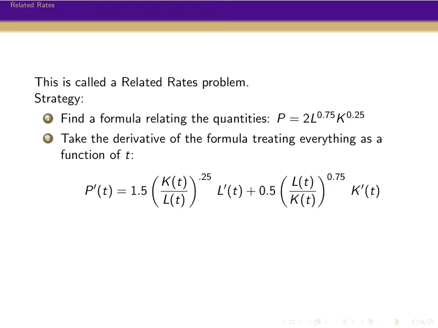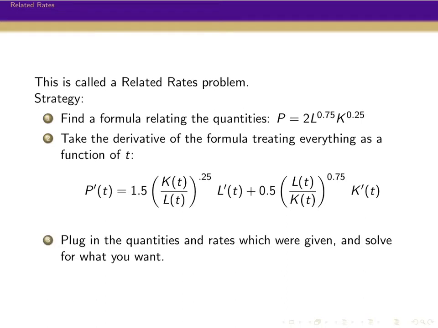Then you want to take the derivative of that formula, treating all of the quantities, at least all the quantities that change, as being functions of t. If a quantity doesn't change, then you can treat it like a constant. And so this is the derivative we got. And then the last step is to plug in the quantities and the rates.